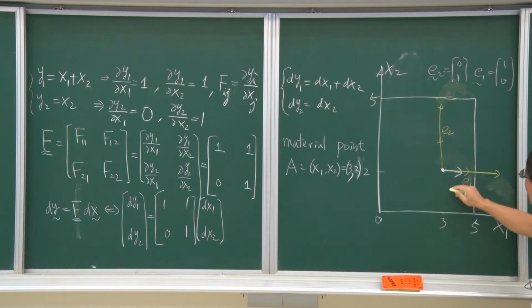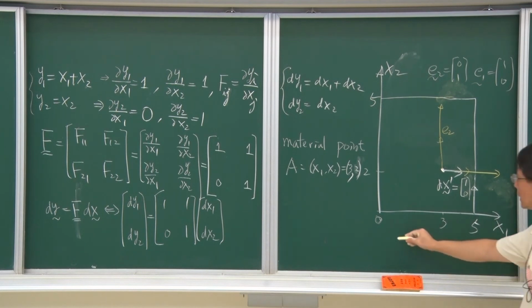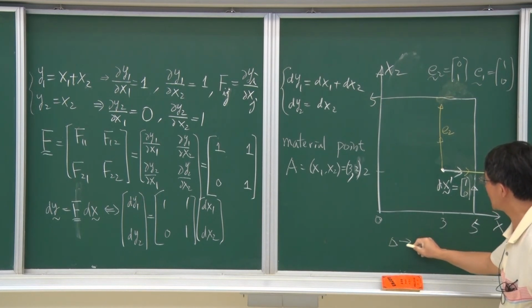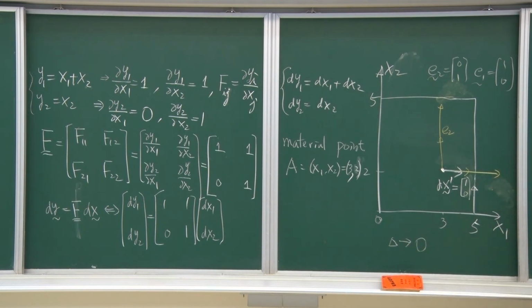Then we can talk about the material line here. This material line, dx prime, is equal to 1, 0, delta. Delta is a small quantity, delta tends to 0.